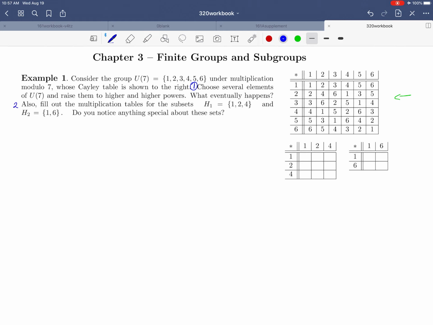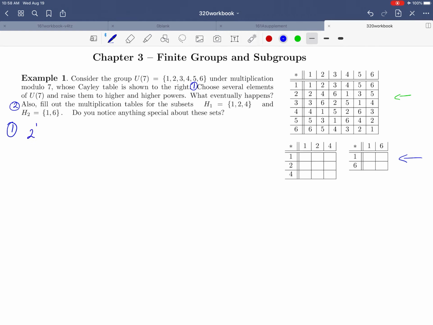The second thing is to fill in the multiplication tables at the bottom right, for the subsets H1, which includes 1, 2, and 4, and H2, which includes 1 and 6. We're going to do these one at a time. Let's look at the first question: let's take some of these elements and raise them to higher and higher powers and see what happens.